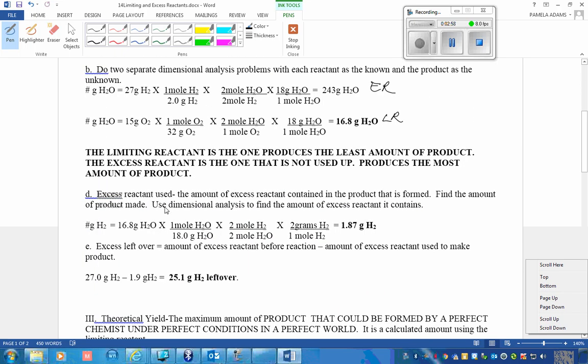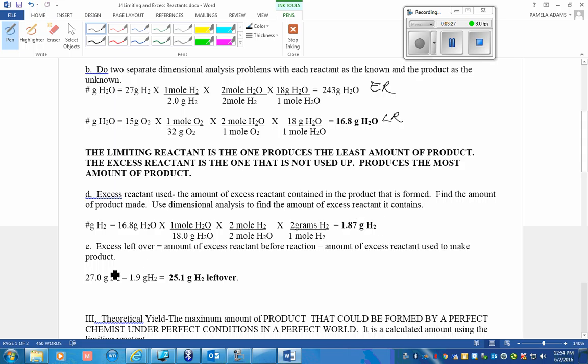Now, how do we know how much of the hydrogen we used to make our 16.8 grams of water? Use dimensional analysis to find out. So 16.8 grams of water, the amount of water that was made when we ran out of oxygen, when the reaction stopped, requires 1.87 grams of hydrogen.